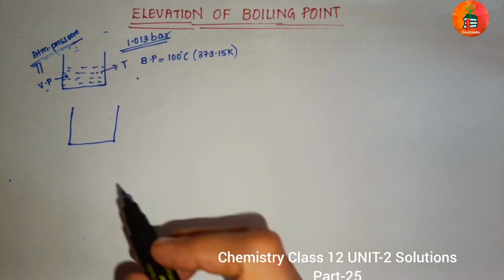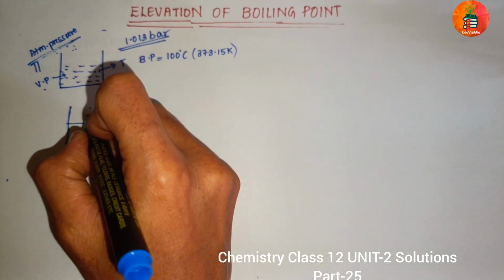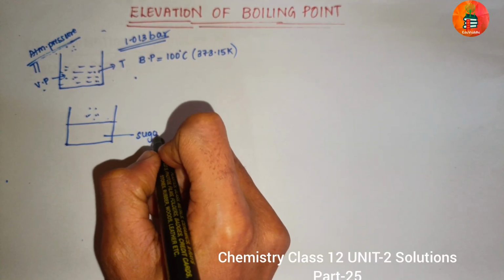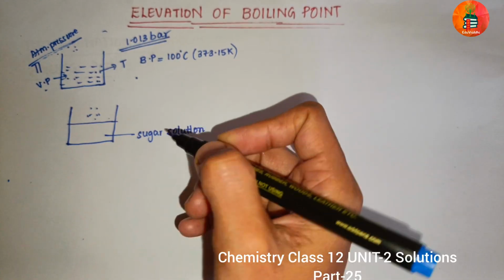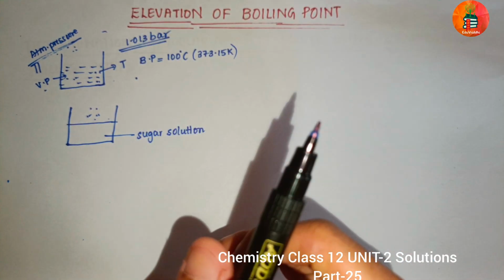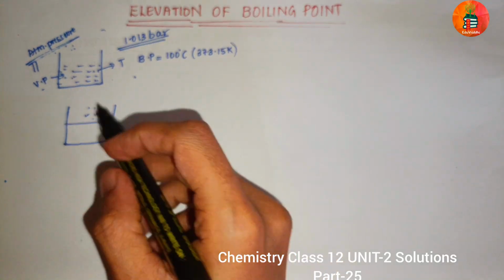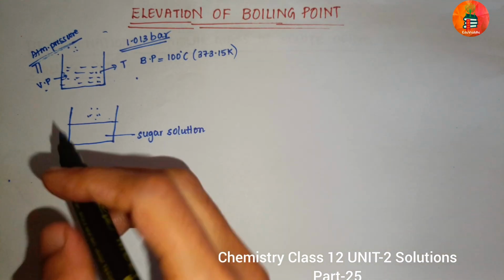Let me take one specific example. Let me add sugar crystals into this same water, so that I get a sugar solution. Now, will the boiling point of this solution be the same as the boiling point of pure water? No, there will be a change. As I add the solute into the solvent, the boiling point of the solution also changes.